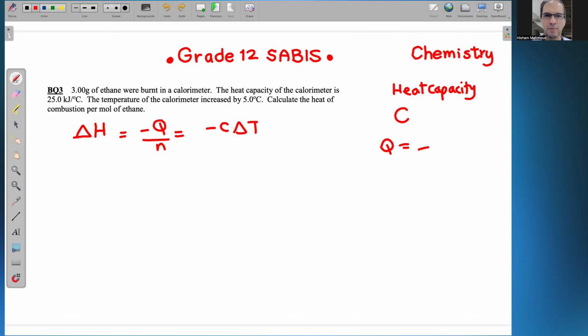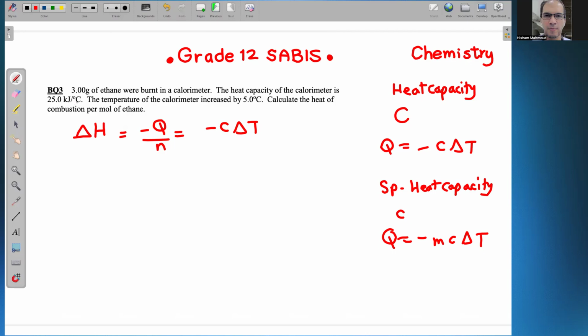And if he said specific heat capacity, we use a small c, so that Q is equal to negative small c multiplied by m multiplied by delta T.